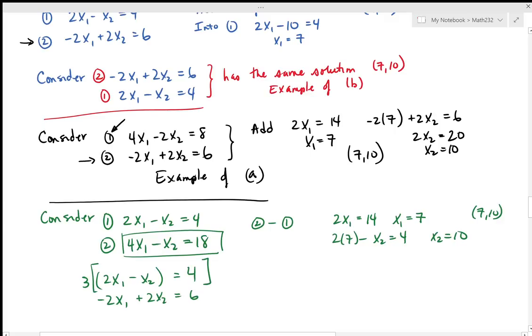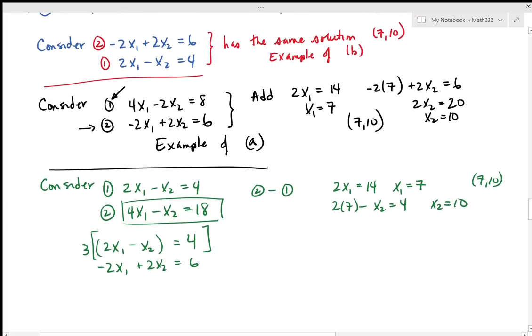So I took 3 times the first equation, and then I added it to the second equation. So I've got 6x1 minus 2x1, and I get 4x1, and then I have minus 3x2 plus 2x2, then I get 12 plus 6, which is 18. Okay, that's my equation 2.